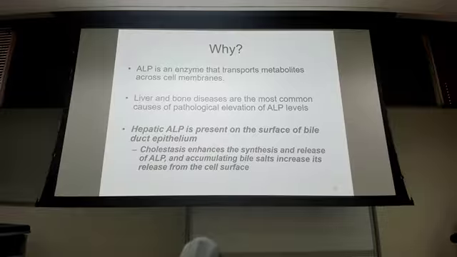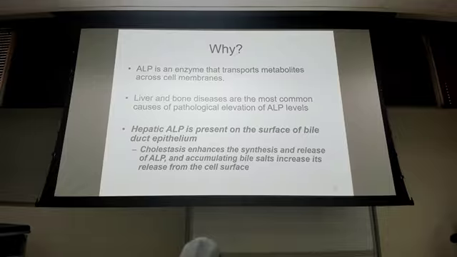ALP is an enzyme that transports metabolites across cell membranes. Most common causes of ALP being elevated are going to be liver and bone disease. And then that last bullet is what I explained of why ALP increases. It's because it's on the surface of the bile duct epithelium, and if you get an impairment of bile flow, then it's going to enhance synthesis and release of ALP from the bile duct epithelium.